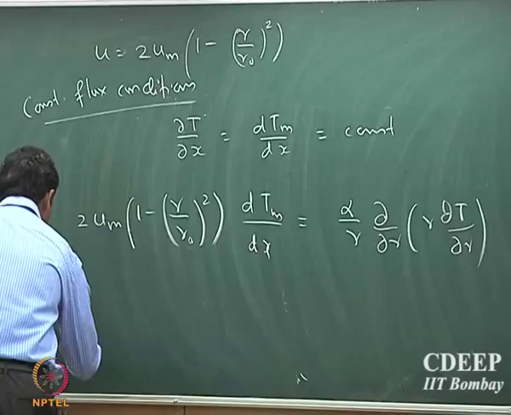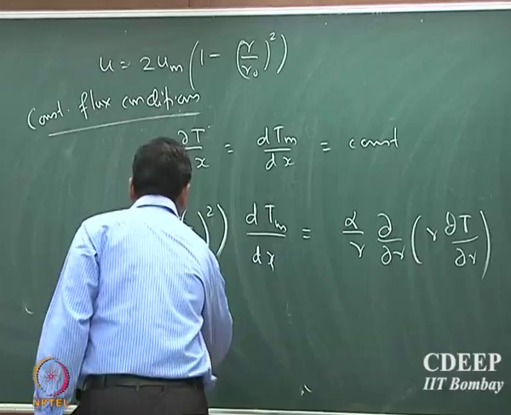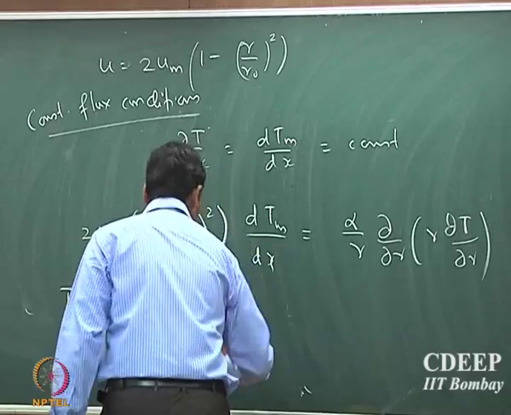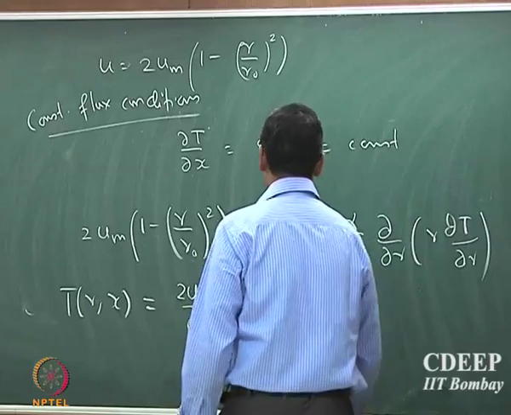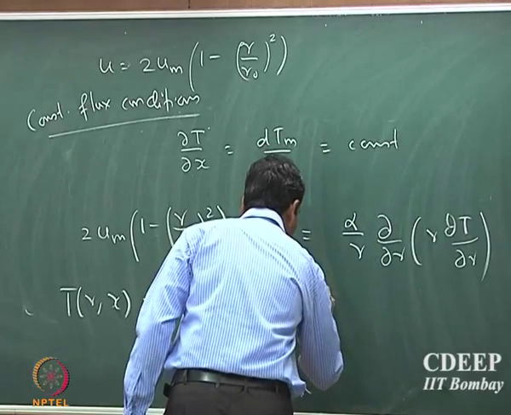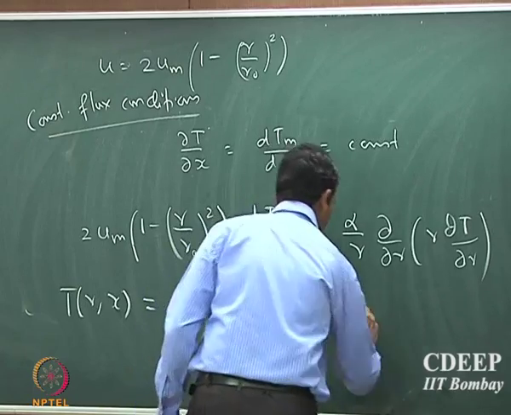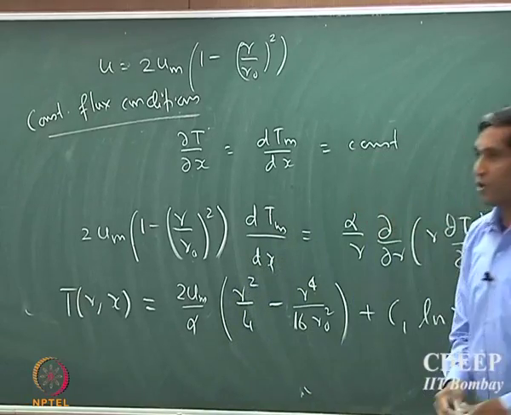So T of r comma x will be 2 um by alpha multiplied by r squared by 4 minus r to the power 4 by 16 r naught squared, plus C1 ln r plus C. That's the solution.